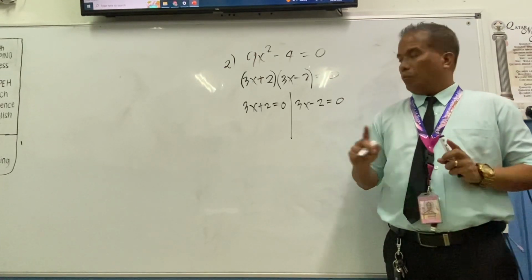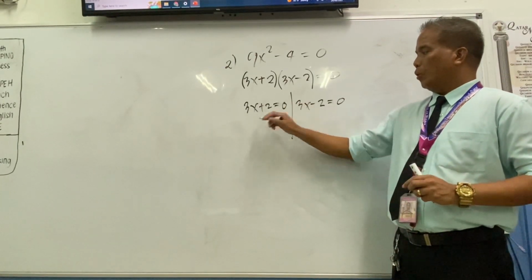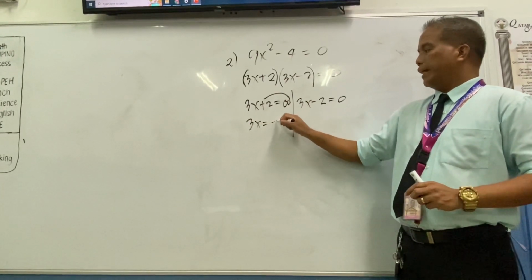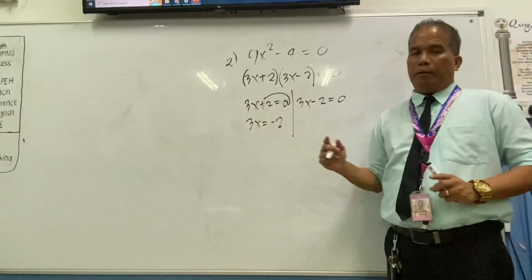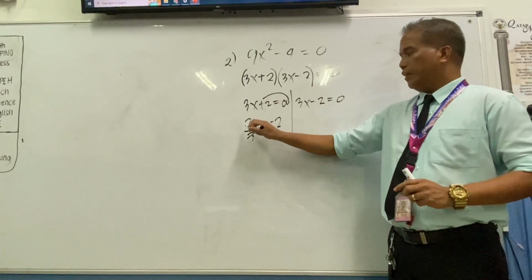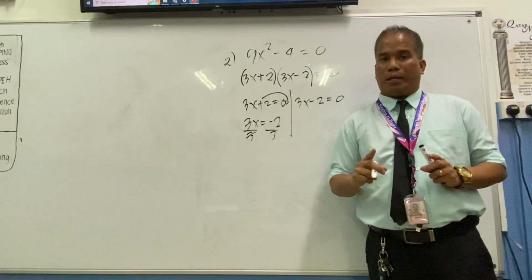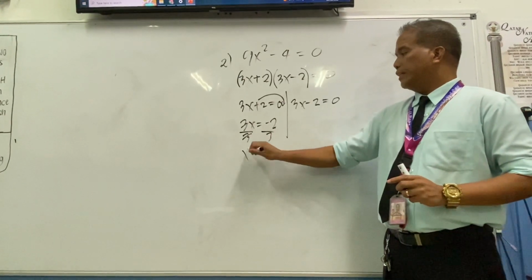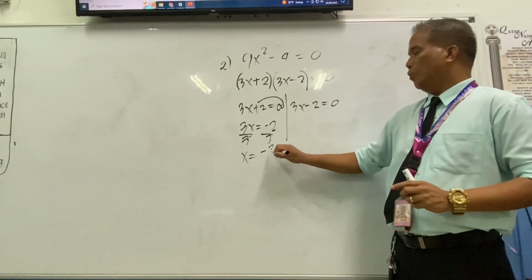Then, after that, we will transpose 2. So we have 3x = -2. Then divide both sides by 3. Then cancel this because 3 divided by 3 equals 1. So that's the reason why we cancel that. Then x equals negative 2 over 3.